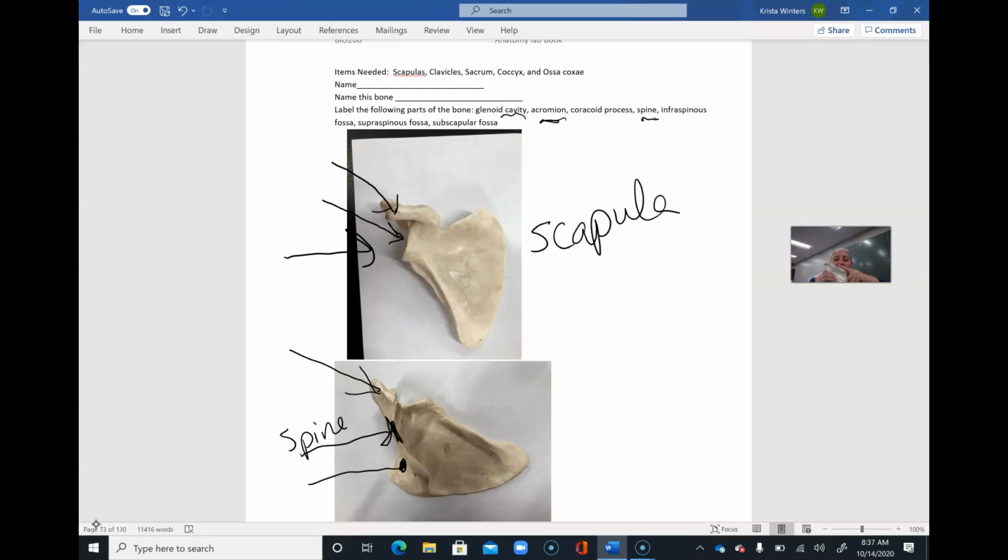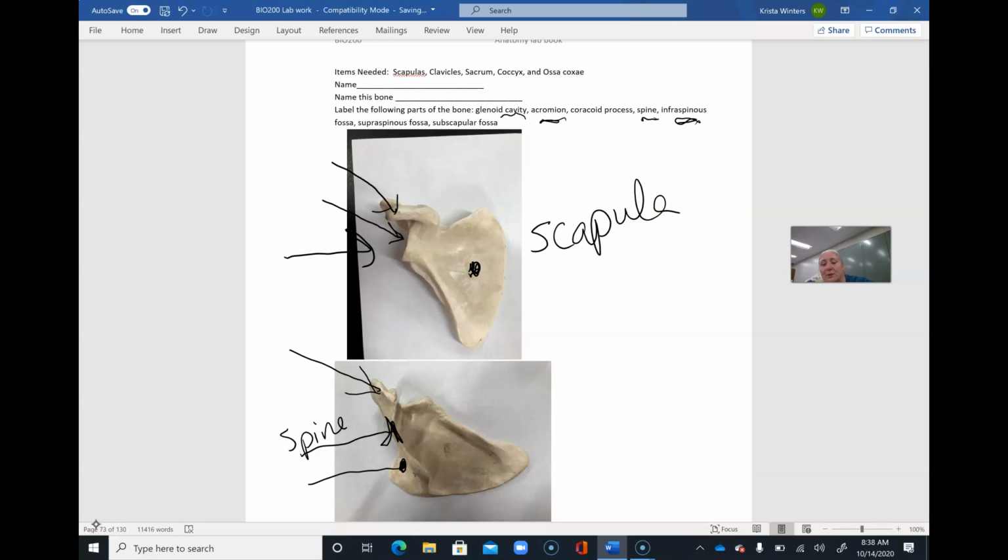If I go below the spine, right below it, this is the infraspinous fossa. And then if I flip the scapula over, right here is the subscapular fossa. So there are 3 muscles here that I will write down.